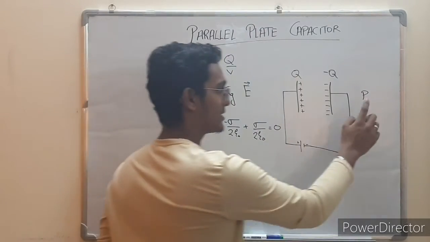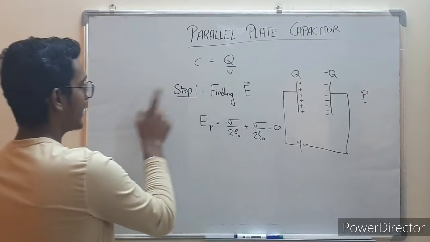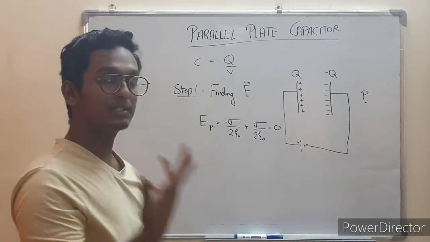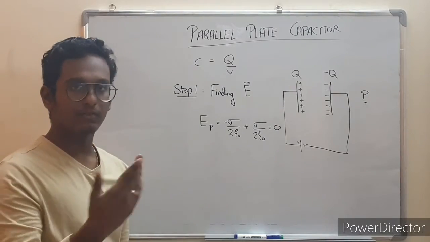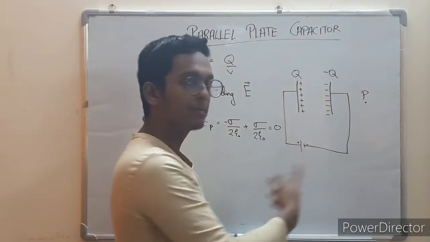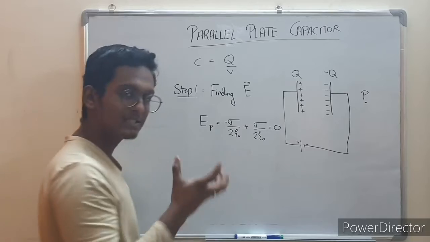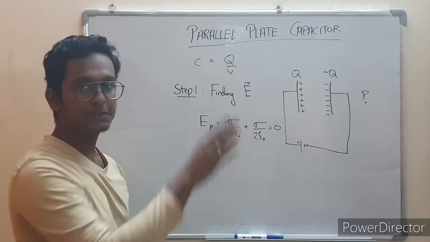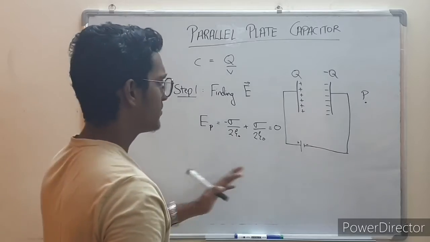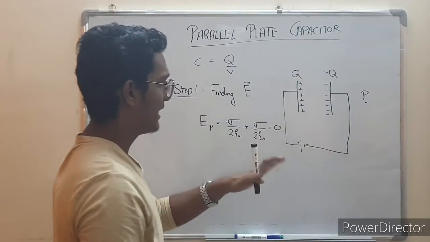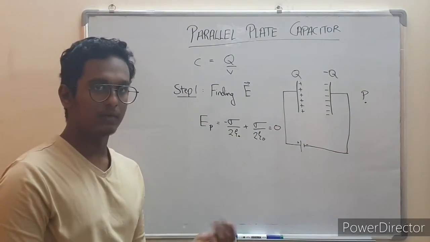That means whether it's a point over here or over here, the electric field has the same magnitude, except the signs will be positive or negative depending on which sheet you're using. But it has the same magnitude, sigma by 2 epsilon naught, at any of these points. So we proved at the right it's equal to 0, and the same logic applies to the left, and it's equal to 0.